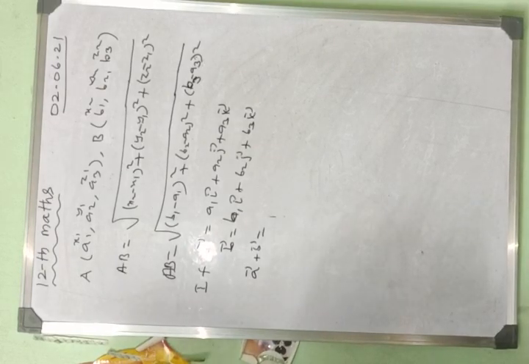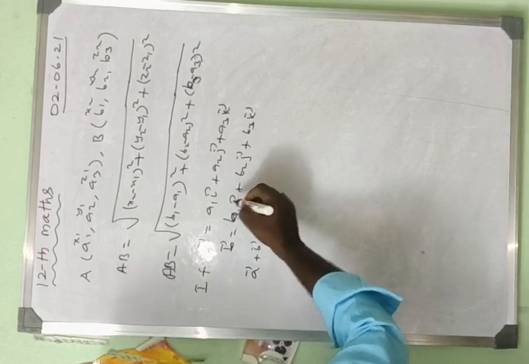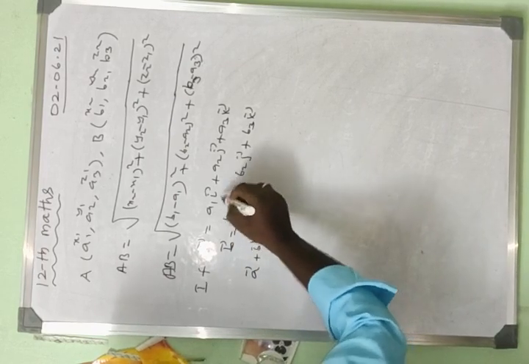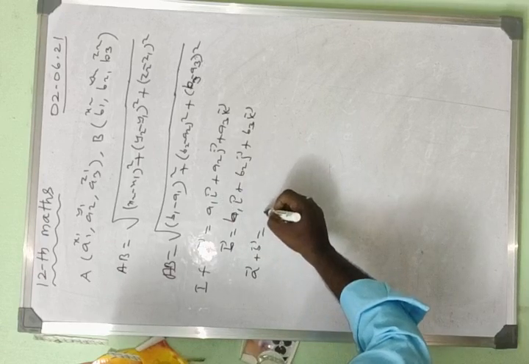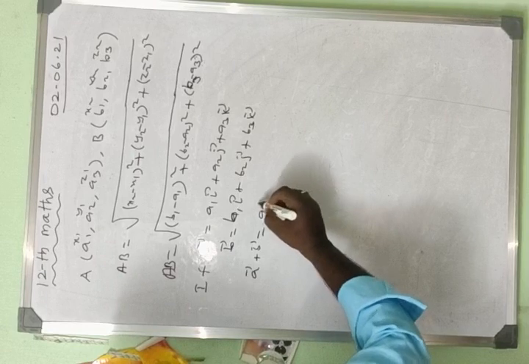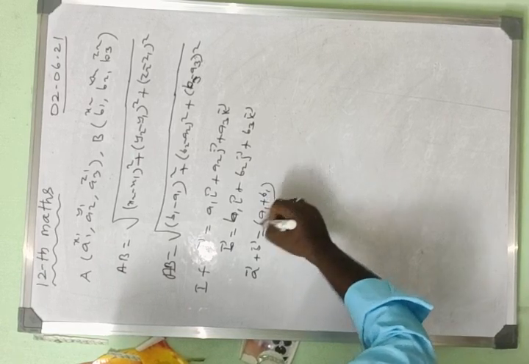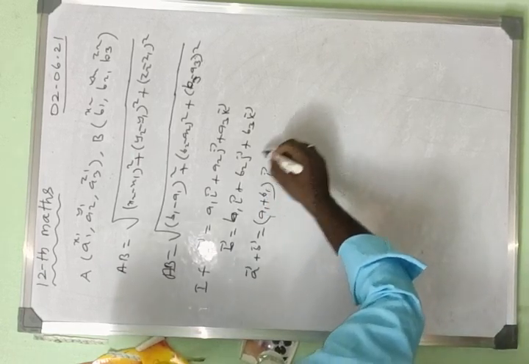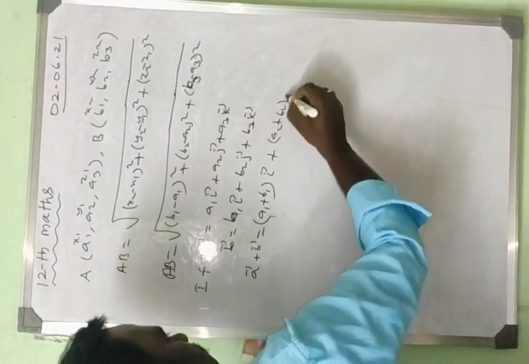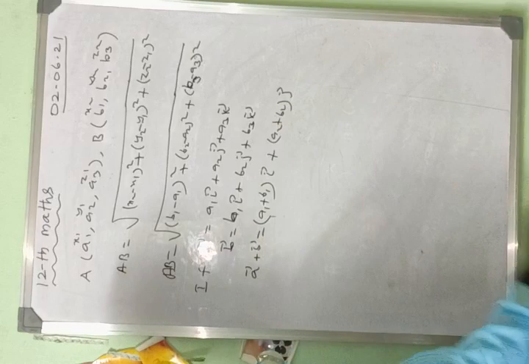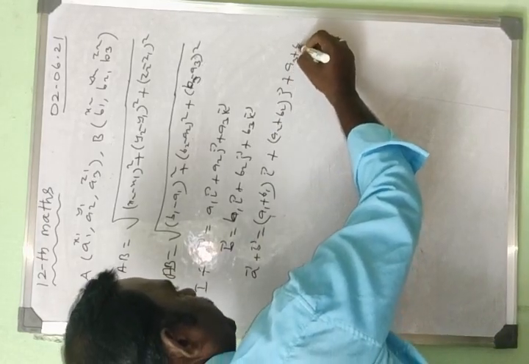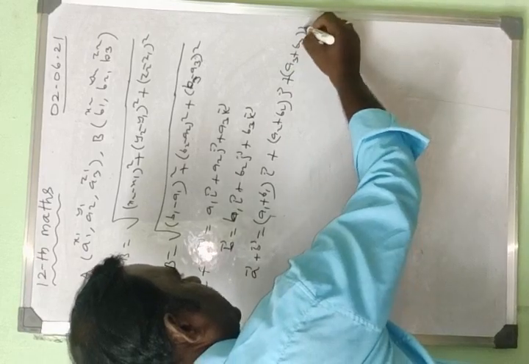Only the component vectors are added. Component means the coefficient of I, so first A1 plus B1 into vector I, plus A2 plus B2, that is, the components are added, plus A3 plus B3 vector K, like this.